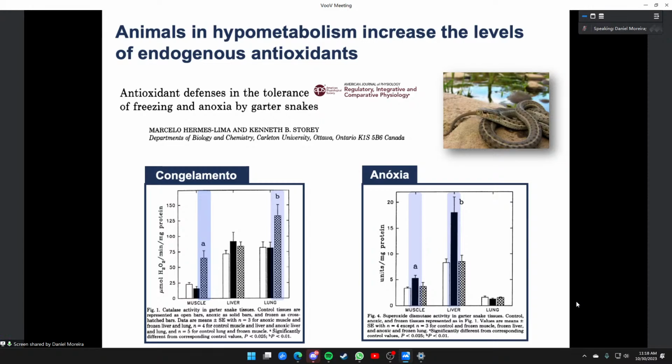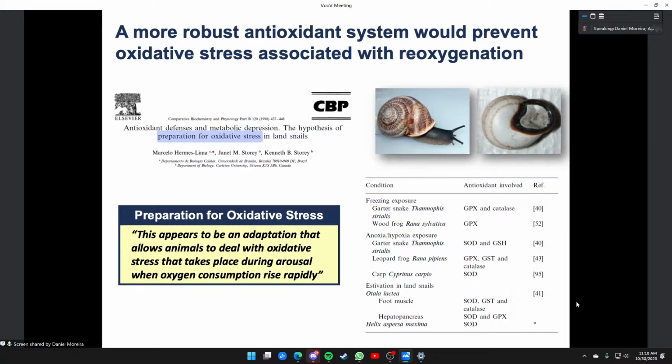A few years later, this was observed also in other species and other conditions of metabolic depression: freezing, anoxia, estivation. This phenomenon of increased antioxidants during metabolic depression was coined as preparation for oxidative stress.